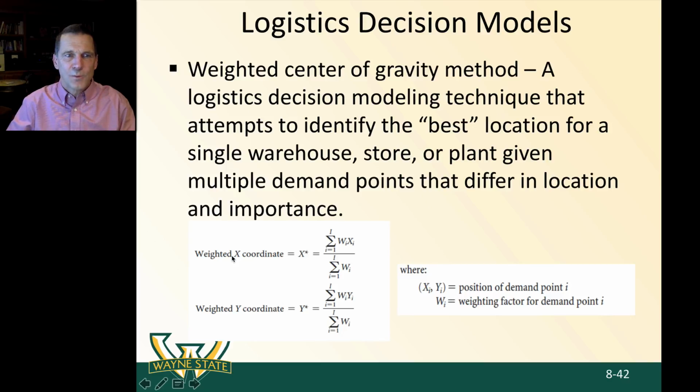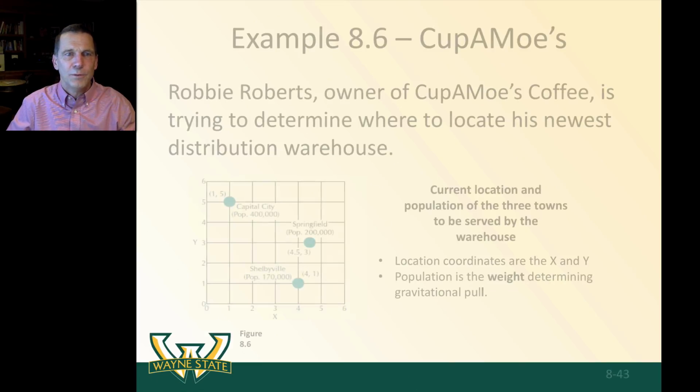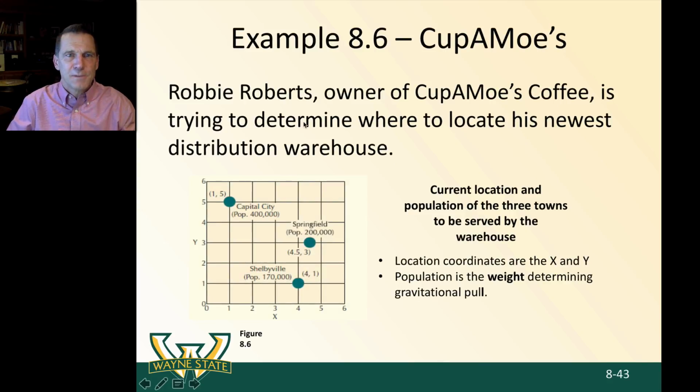We use X and Y coordinates, and we basically compare the value of different coordinates and their weighting, add those up, and do some simple division to see where the center would be. This might give you a good feel for how it works.